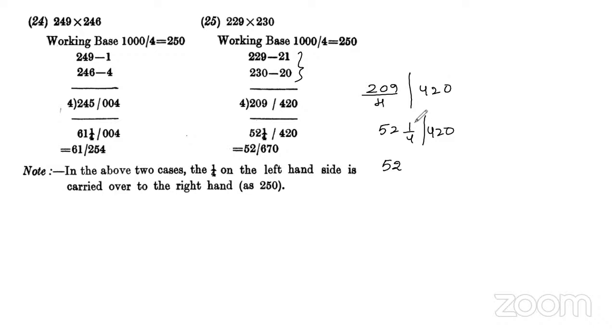So 52, and this is nothing but not thousands, they are hundreds. So 1/4 of the theoretical base 1000, that is 250, we have to add to this part. Then when you add 250 to this part, 670 is our final answer.